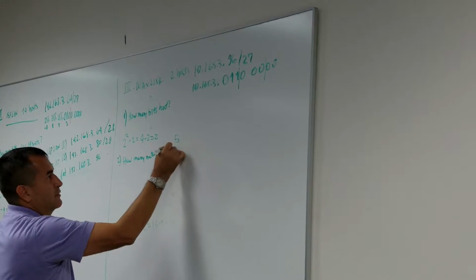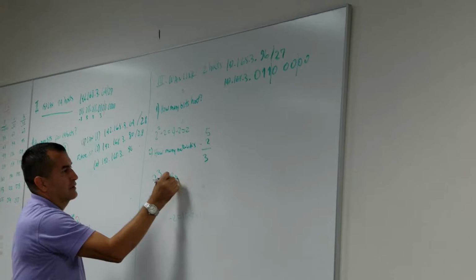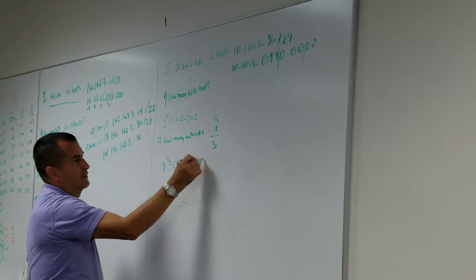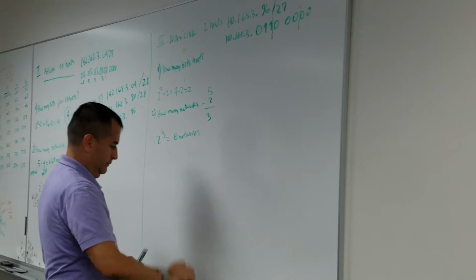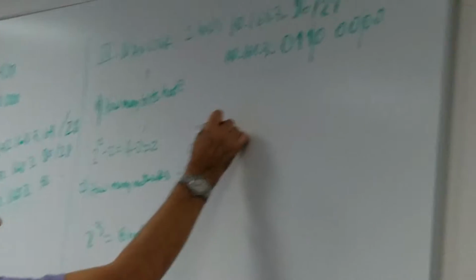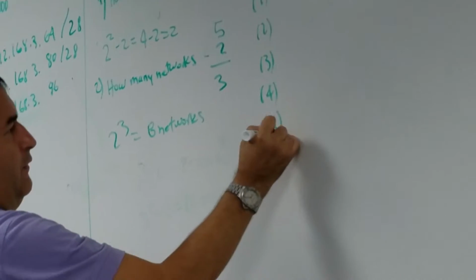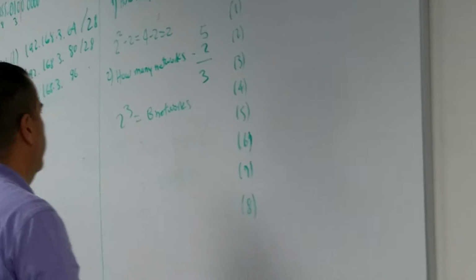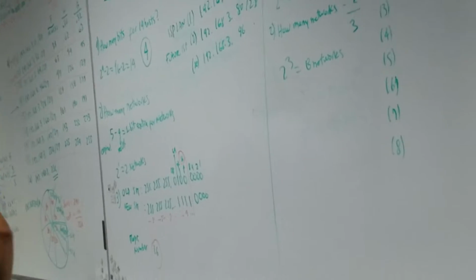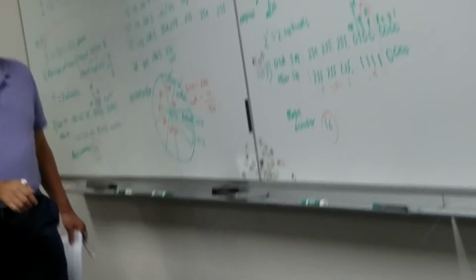Those borrowed bits are gonna be 3. So 2 to the power of 3 is gonna be 8 networks. Right, now we're gonna name those networks. It's gonna be 1, 2, 3, 4, 5, 6, 7, and 8.